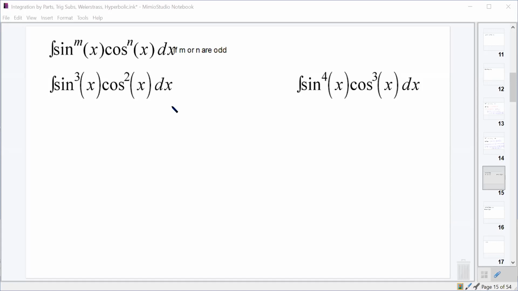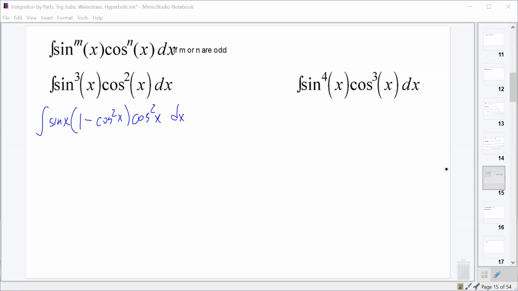If one of them is odd, we should be able to break it up and just do a u substitution. So this should become an integral of sine x times another sine x, which we'll write as 1 minus cosine squared x, and then times cosine squared x dx.